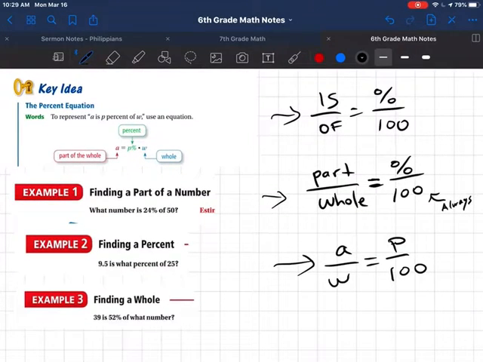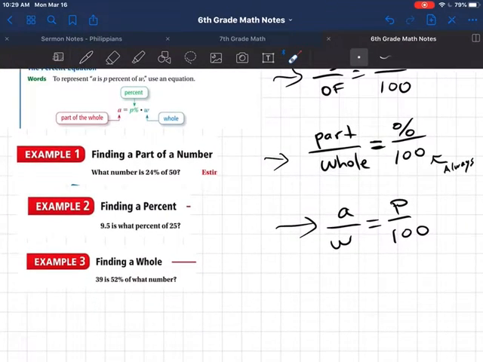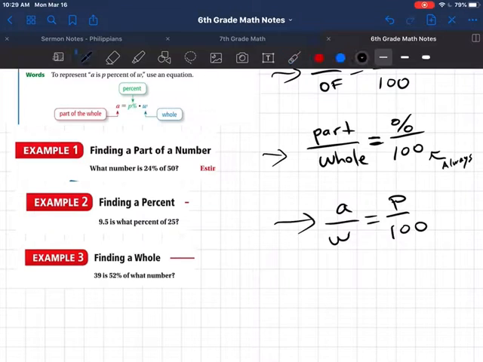All right, so let's look at these examples I've got. So all we're doing here is we're learning how to use this percent equation. All this is doing is looking at it in a different way. We want you to look at things in different ways. So we're going to write it down here.